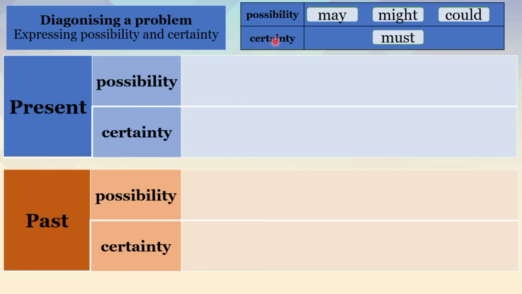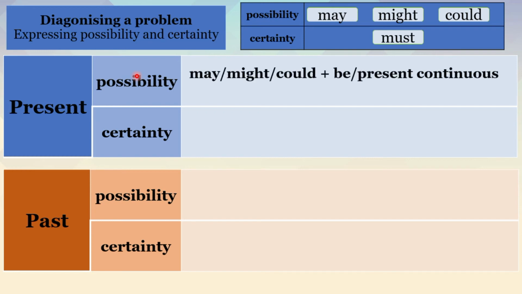Now, for the present possibility, we use any of may, might, could, followed by be and the present continuous. That is verbs with ing if there is a verb.